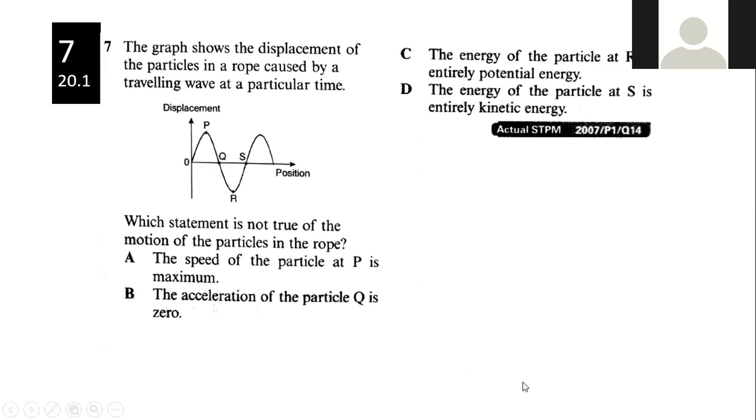Okay, number 7, the graph shows the displacement of particle in a rope caused by traveling wave at a particular time. Which statement is not true of the motion of the wave in the rope? Speed of the particle at P is maximum, is it right?